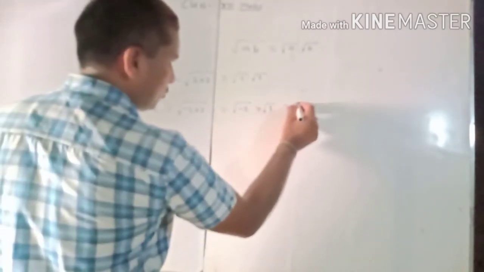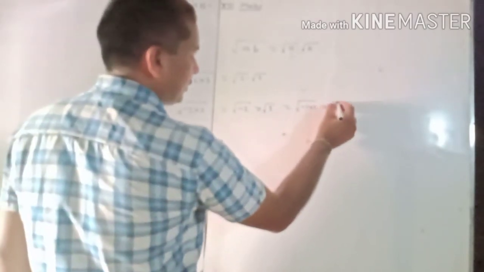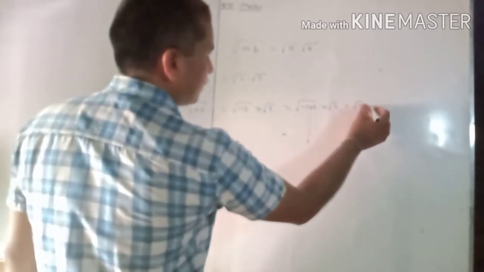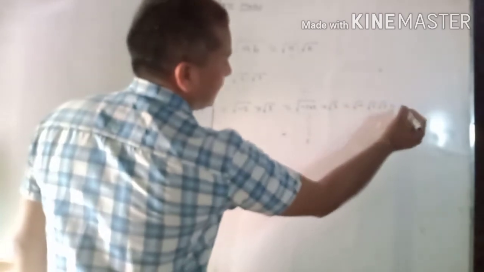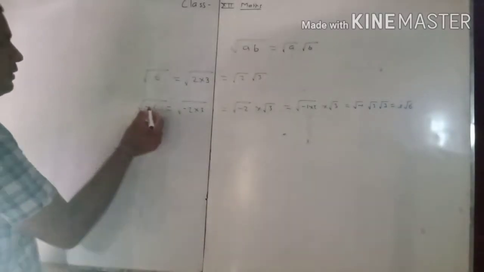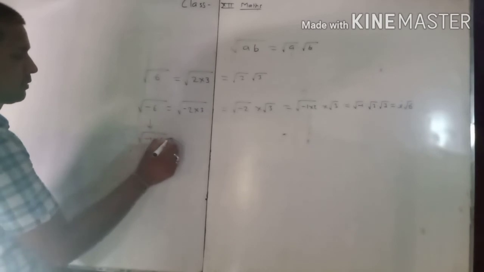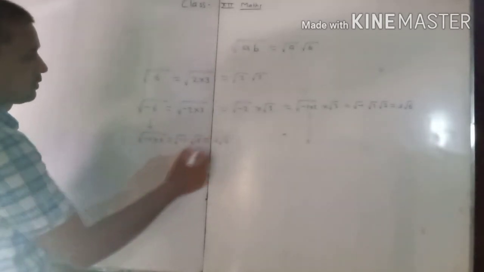Root over minus 2 means root over minus 1 into 2, into root 3, means root over minus 1 root over 2 into root over 3. Root over minus 1 means I, so I root 6. And this can also be written as root over minus 1 into 6, root over minus 1 into root over 6, which means I root 6.